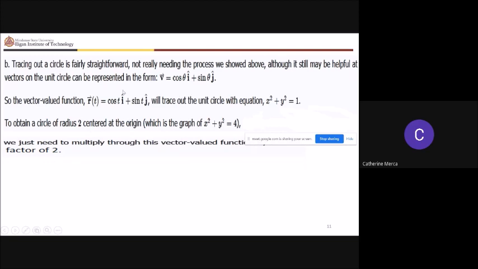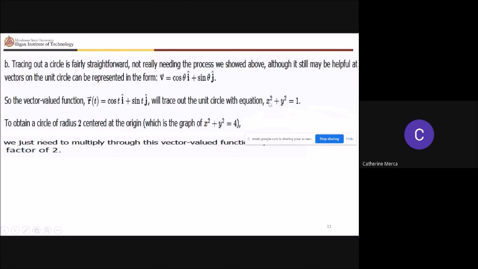So the vector valued function r of t is cosine t i plus sine t j, because for the equation x squared plus y squared equal to 1, cosine squared plus sine squared is equal to 1.